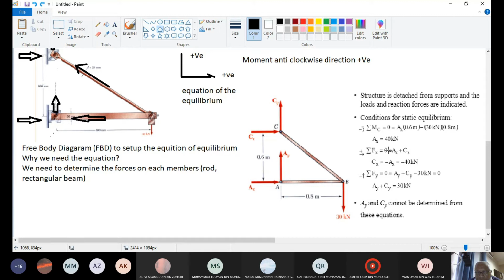What are the forces in the x direction? We have Ax and Cx.